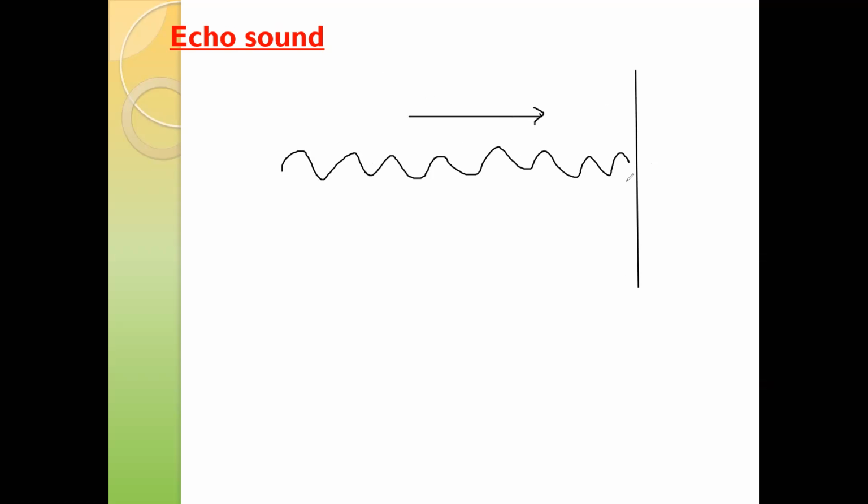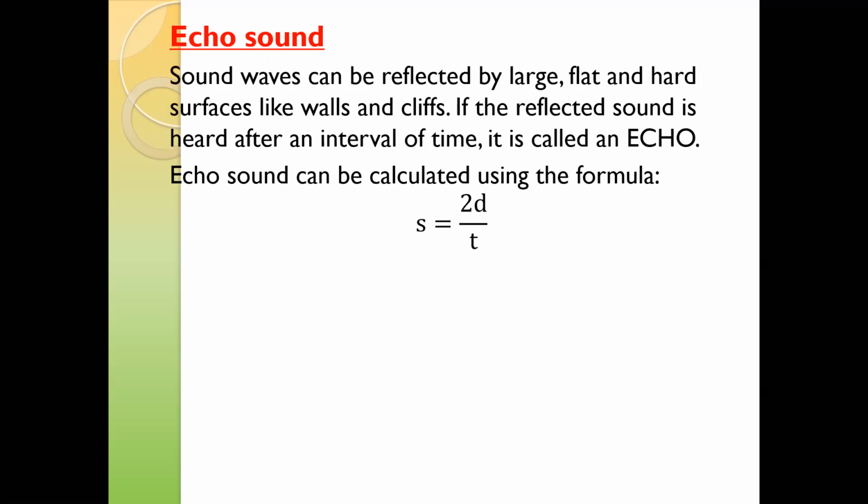But in the case of a continuous wave, you are not able to distinguish between the sound which strikes and the sound which bounces back. So the formula is speed is equal to 2d divided by t.